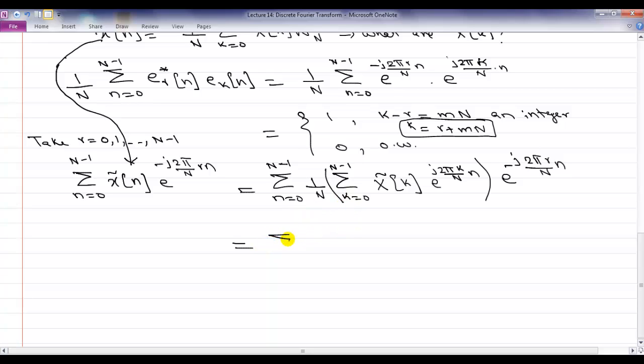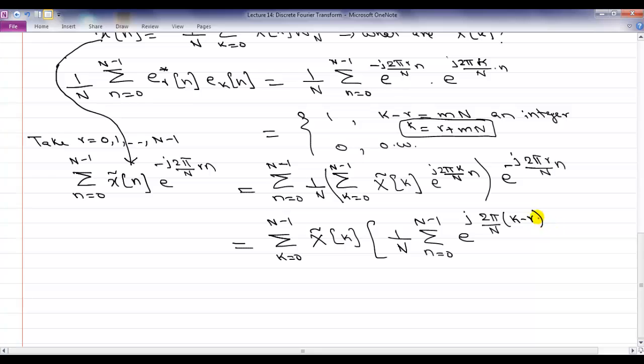I change the order of summation, taking the summation over k outside. Since x tilde of k is not a function of n, I keep that with it. I get 1 over N, summation n equals 0 to N minus 1, and I just add the two exponents, so it's e to the j 2 pi over N times (k minus r) times little n.